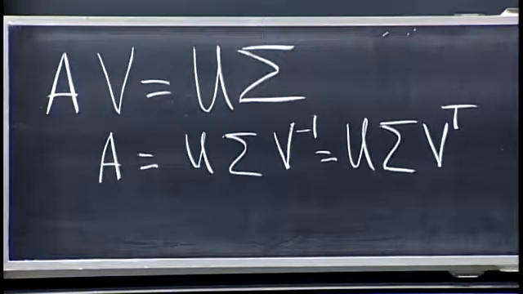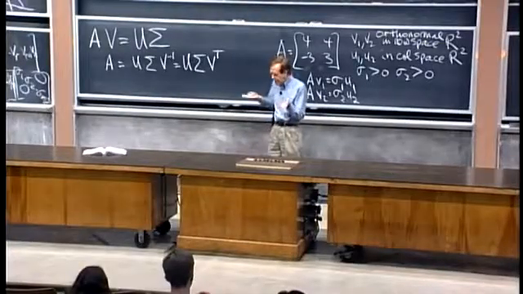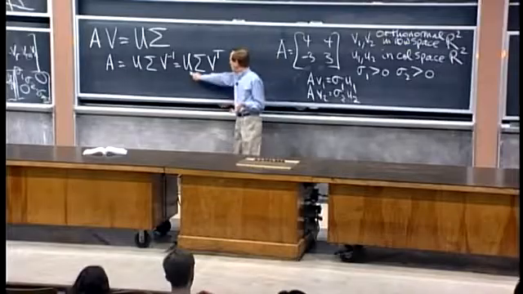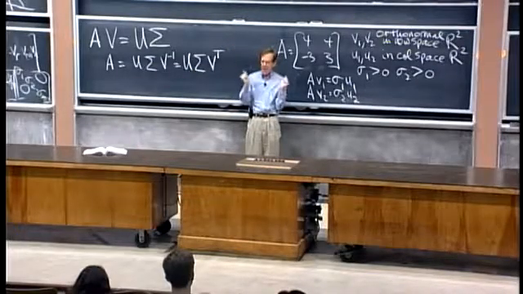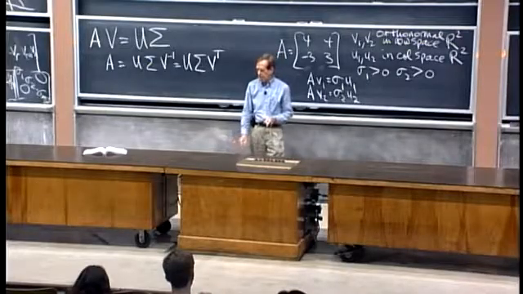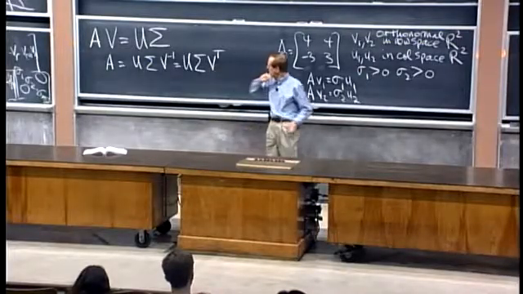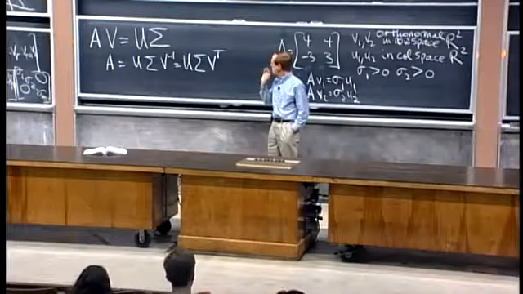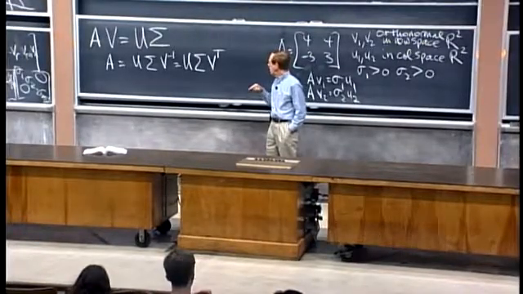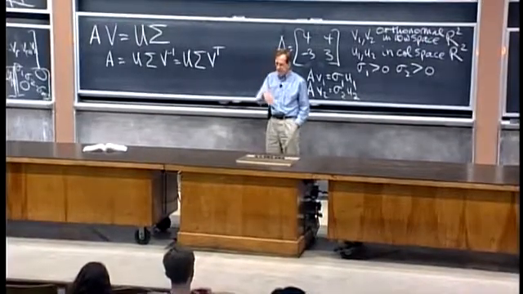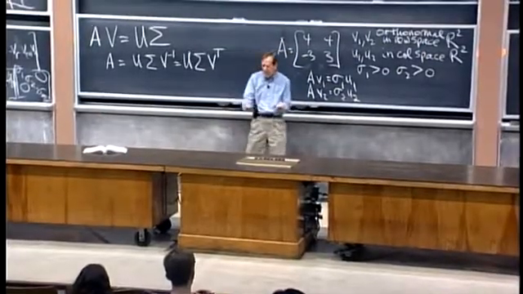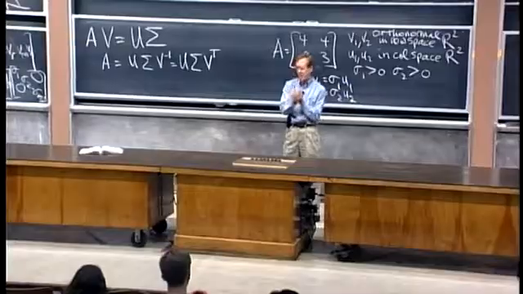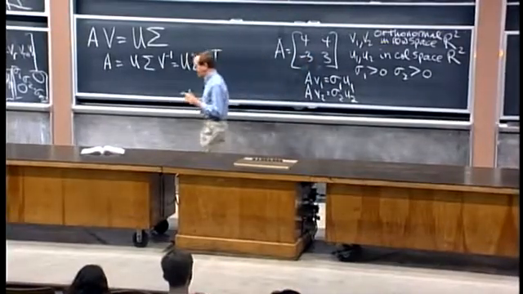Here's my problem. I've got 2 orthogonal matrices here, and I don't want to find them both at once. So I want to cook up some expression that will make the U's disappear and leave me only with the V's. And here's how to do it.